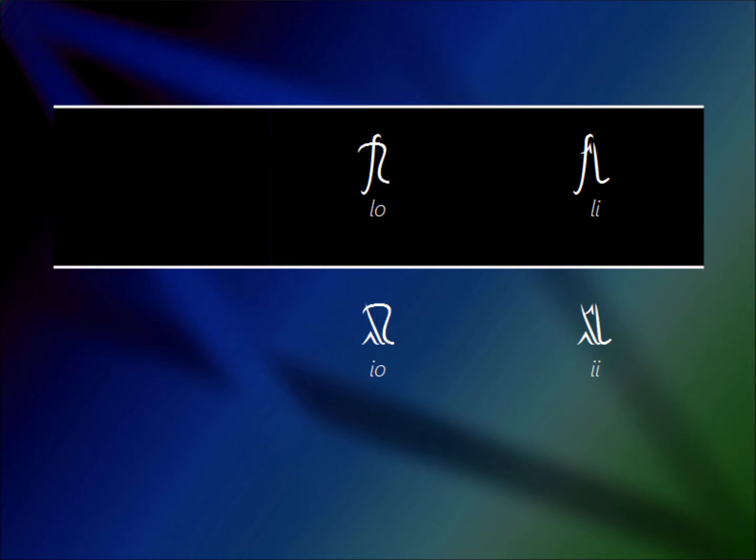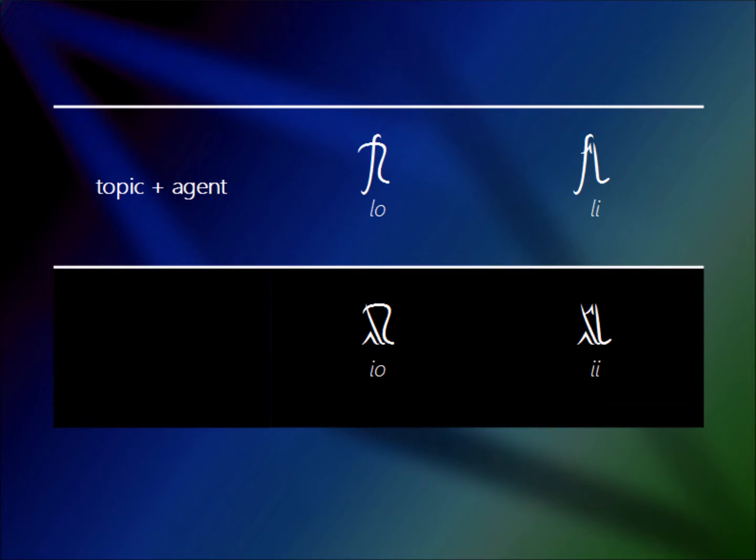These two connectors share in common that they combine a topic-like word with an agent-like word. Both particles start with the letter L, lo and li. The bottom two particles, io and yi, describe a relation between a topic-like word and not an agent-like but patient-like word. Both particles start with the letter I, io and yi.